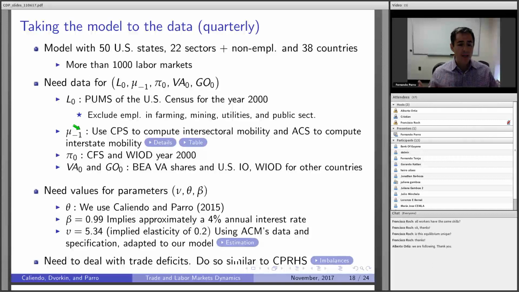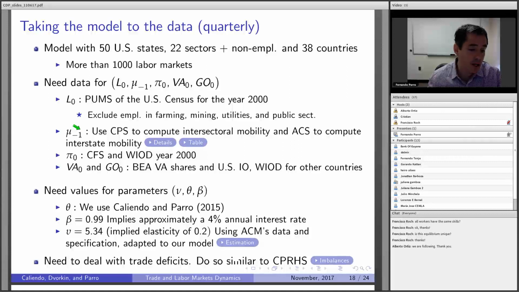So a lot of data, several different sources, but all the data needed to compute the model is readily available in well-known databases. So remember the solution method. We need to identify the China shock. We need to compute the initial allocations from the data, and we need to input a value for these three elasticities, the migration cost elasticity, the trade cost elasticity, and the discount factor.